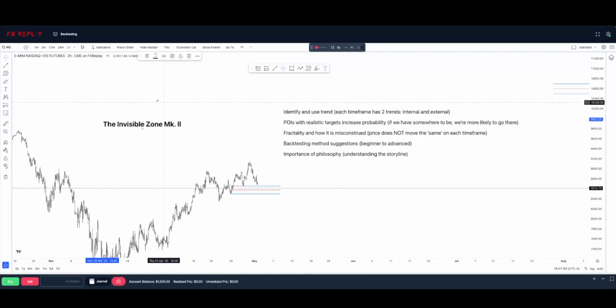The Invisible Zone Mark II model has somewhat of a combination of the SIZ mixed with the pattern IZ.